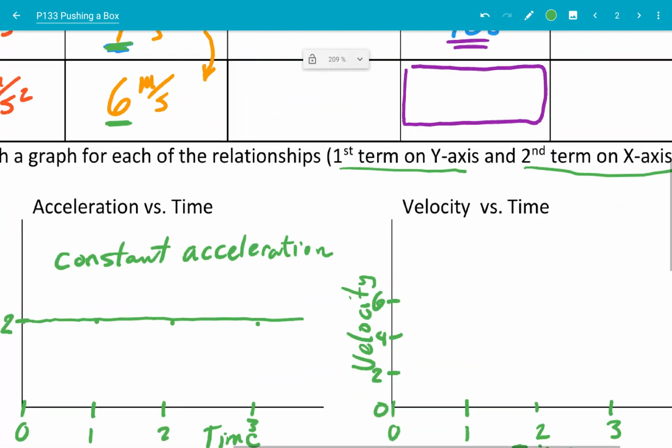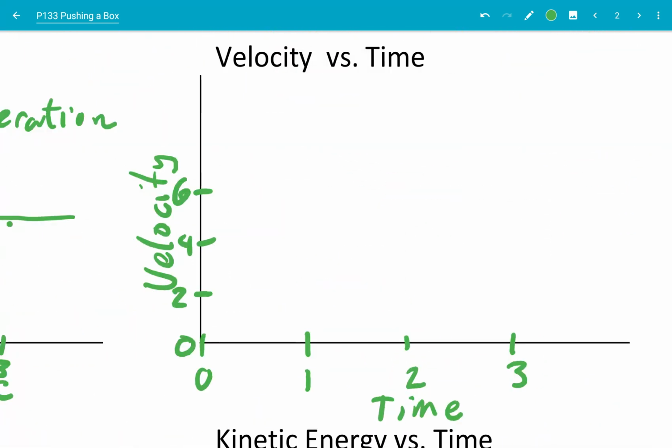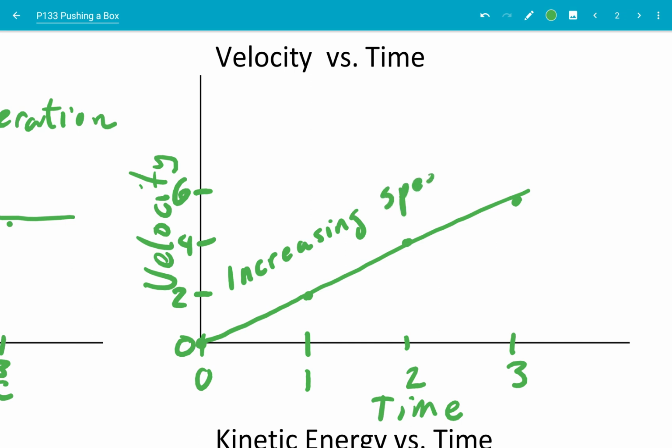Sorry, it's really small. So 0, 0. After 1 second, we're going 2. After 2 seconds, we're going 4. After 3 seconds, we're going 6. And so draw a straight line through there. Now we have this constantly increasing speed.